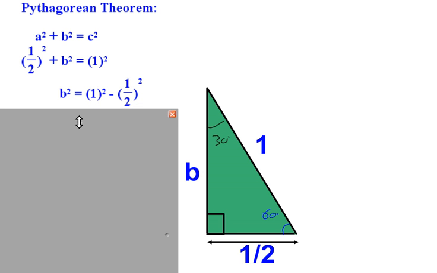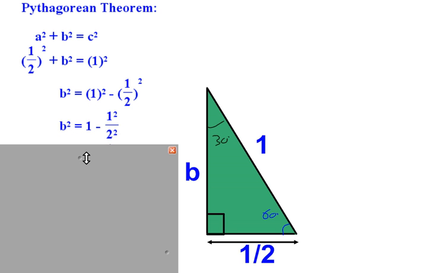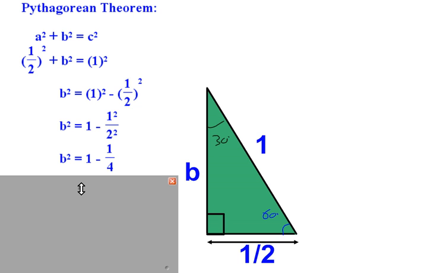We want to solve for b, so we isolate b squared first by bringing the (1/2) squared to the right side of the equation. Simplifying, 1 squared is 1, and (1/2) squared is 1 squared over 2 squared. So b squared is equal to 1 minus 1 over 4.